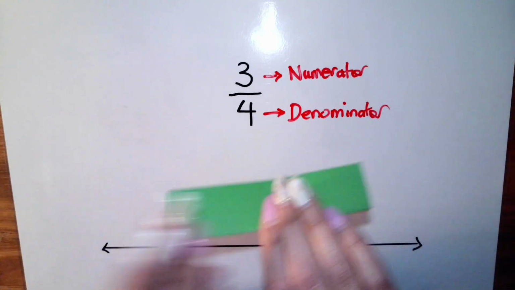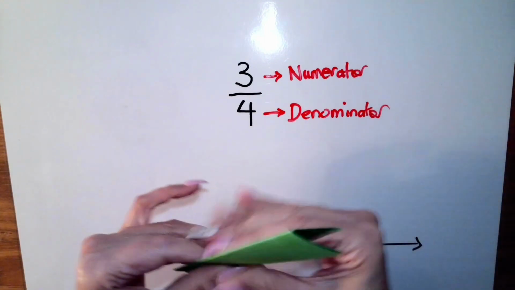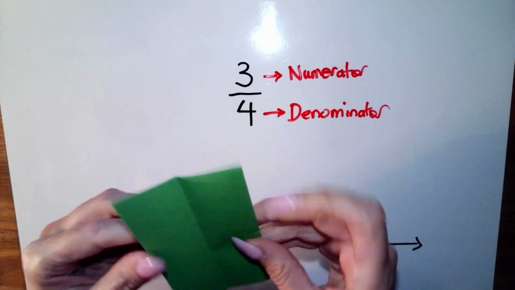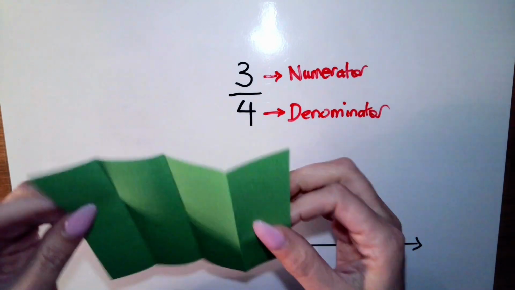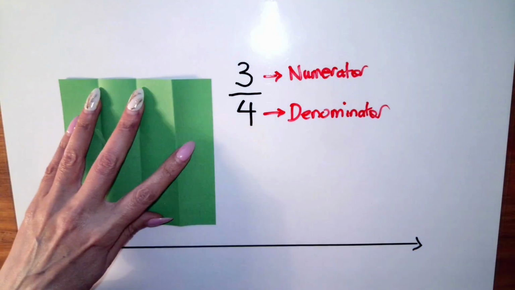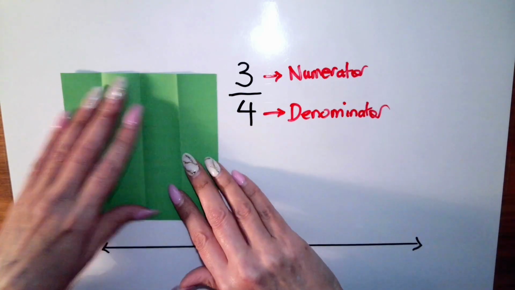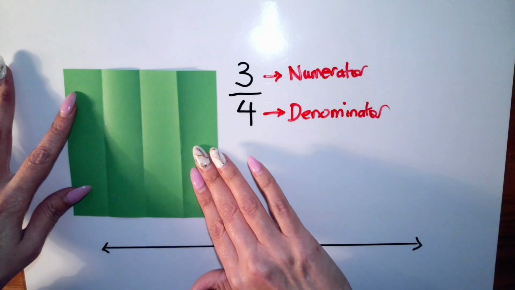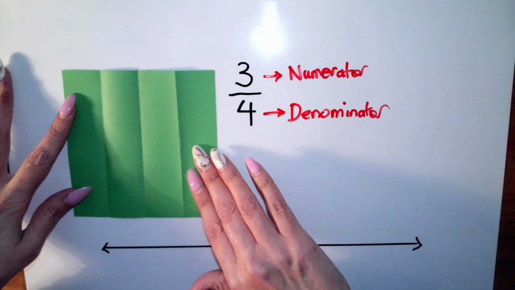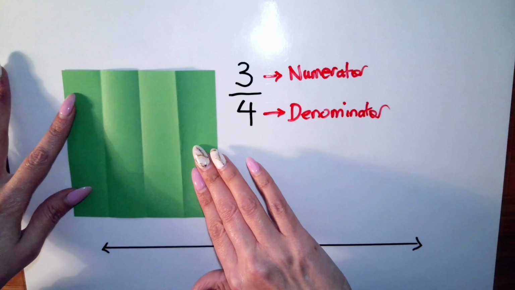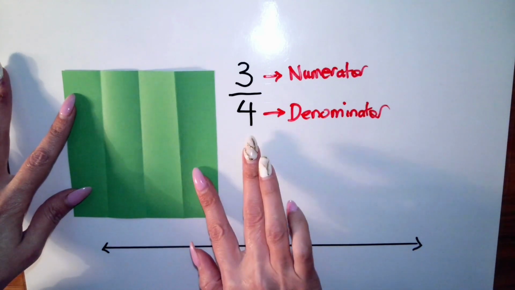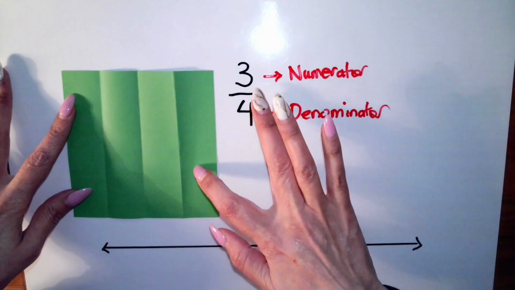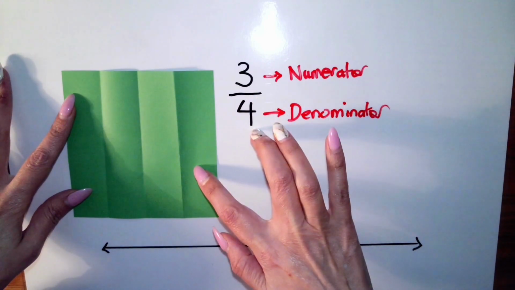Now, sometimes I think that it may be better to start with a set model or a number of counters, because that way it's real for them. But a lot of the times we do begin with area. So if you were to begin with area, I would do it this way. My whole is now broken up into 4 parts, and I want to take 3 of those 4 parts.